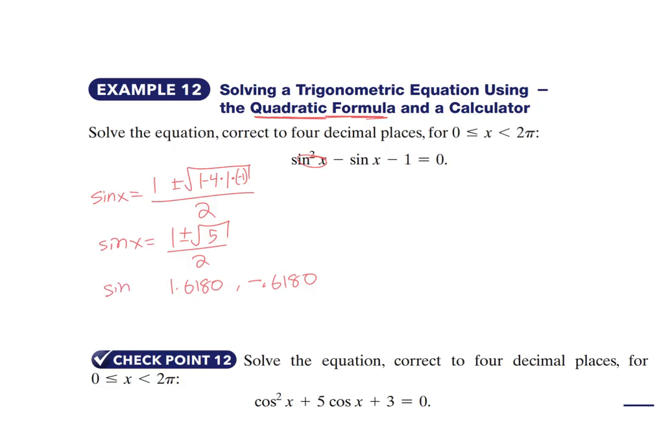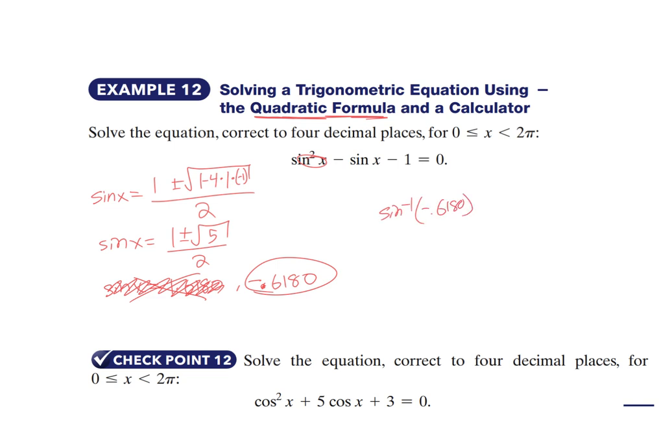Now, sine of x equals 1.6180 has no solution, so we're going to ignore that equation. That's not going to be part of us finding the solution, so we're going to focus on this one. And what we're going to do is we're going to take the inverse sine of the negative 0.6180.